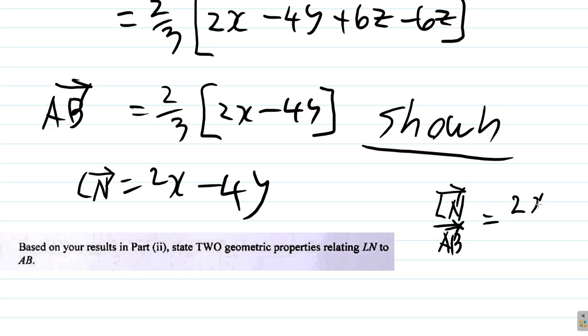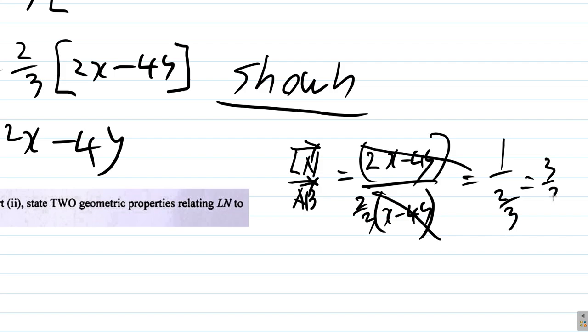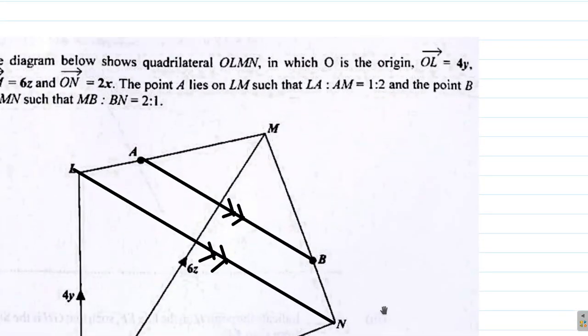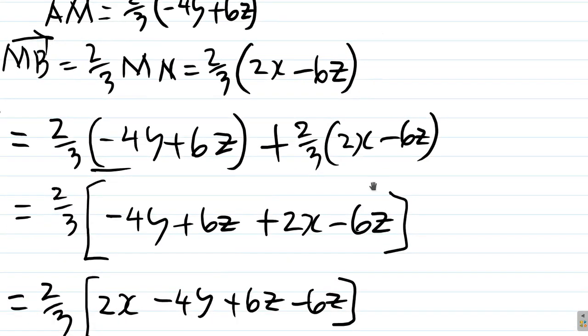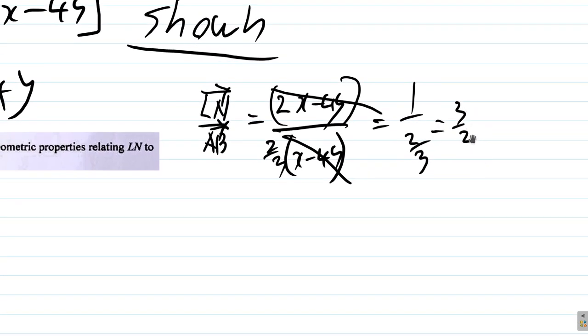It's 2x minus 4y divided by 2/3 of 2x minus 4y. All right, so let's do this first. 2x minus 4y, these would cancel. So this would be 1 over 2/3, which is the same as 3 over 2. Right. So LN over AB. You can see that LN is the longer one. How much longer? You could say it's 3/2 or 1.5 times.